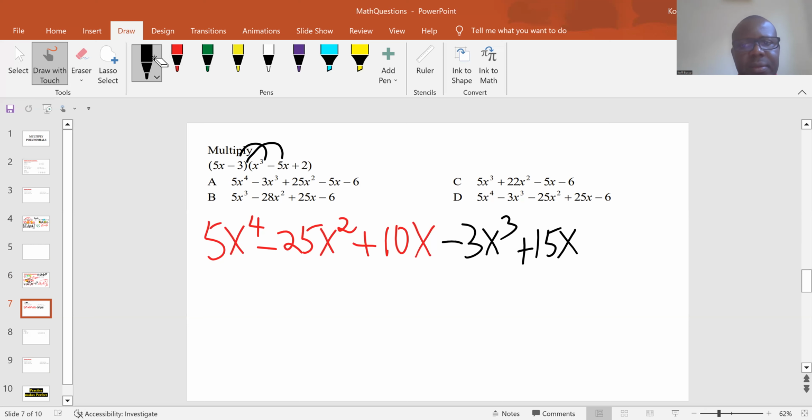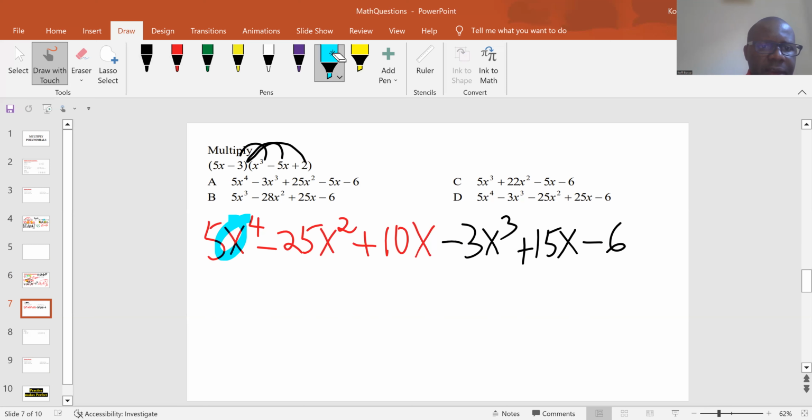Yes, you have to understand that negative multiplied by negative is positive, and 3 times 5 is 15. The reason you have a positive 15x. We take the same negative 3, and this time we multiply by positive 2. We get negative 6.